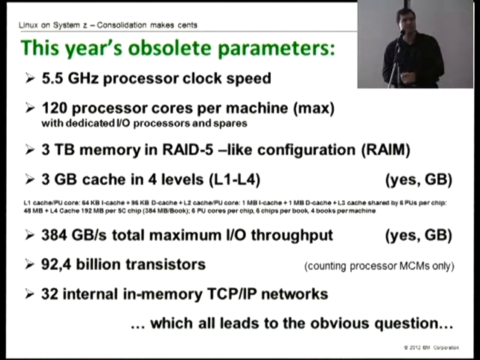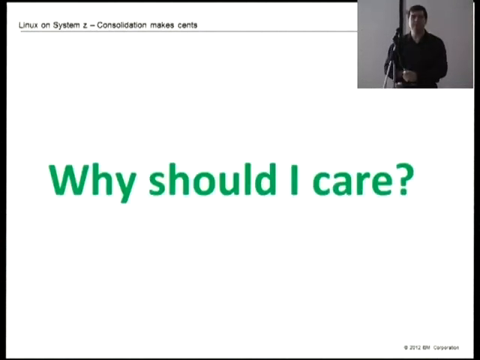And again, yes, that's gigabytes per second, not gigabits. 92.4 billion transistors if you count just the processor and cache chips, not the ASICs on the I/O cards and stuff like that. 32 internal virtual TCP/IP networks, which we call hypersockets.